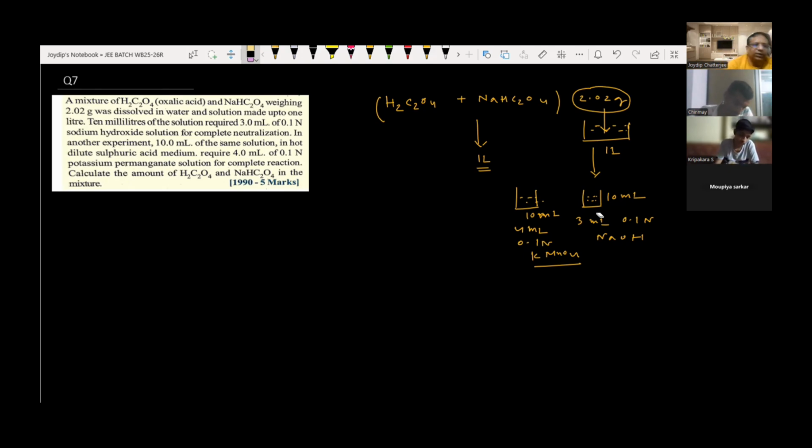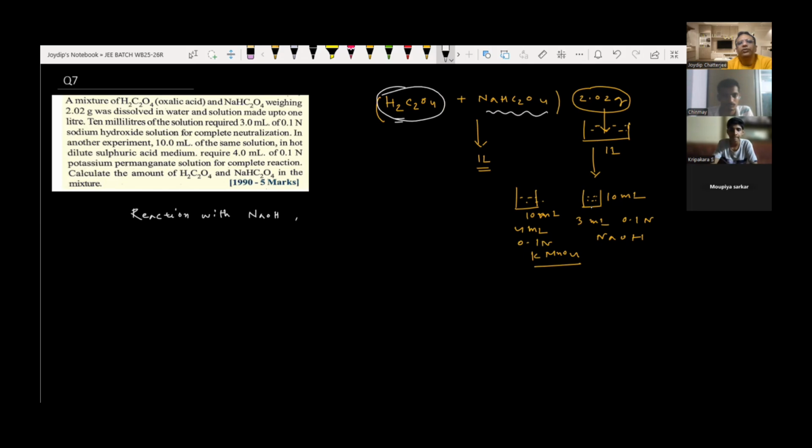Okay, first of all, you tell me, when we are considering reaction with NaOH, what will be the N factor? Sir, it will be 3. Reaction with NaOH for this and this, these two are separate.